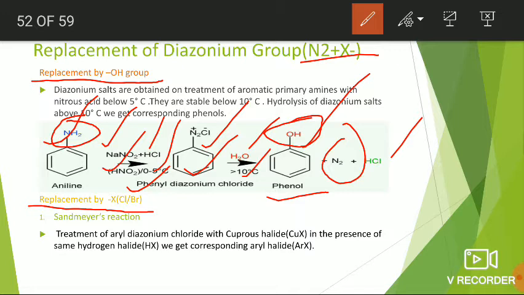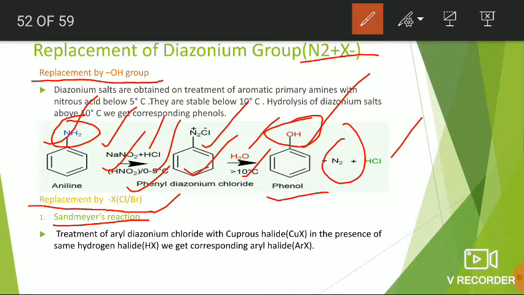There are two types of named reactions. One is the Sandmeyer reaction. The Sandmeyer reaction is generally used to substitute or replace the diazo group with a halogen atom such as chlorine or bromine.